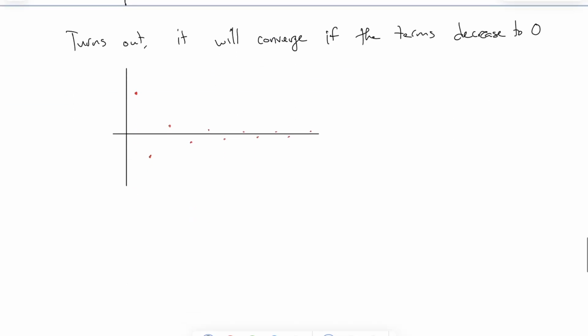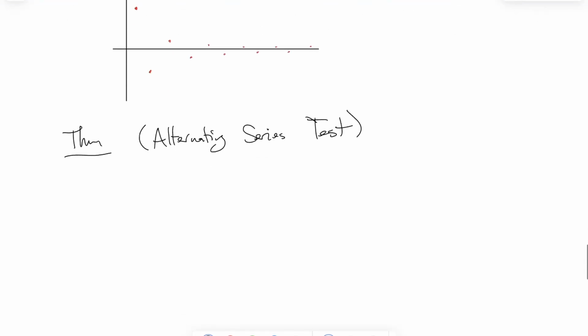Then we'll try some examples. I'm going to write this as a theorem, and this is called the alternating series test. It says very specifically, if we have a series like this, and this is how our book writes it, b1 minus b2 plus b3 minus b4 plus etc. Every alternating series can be written in this way.